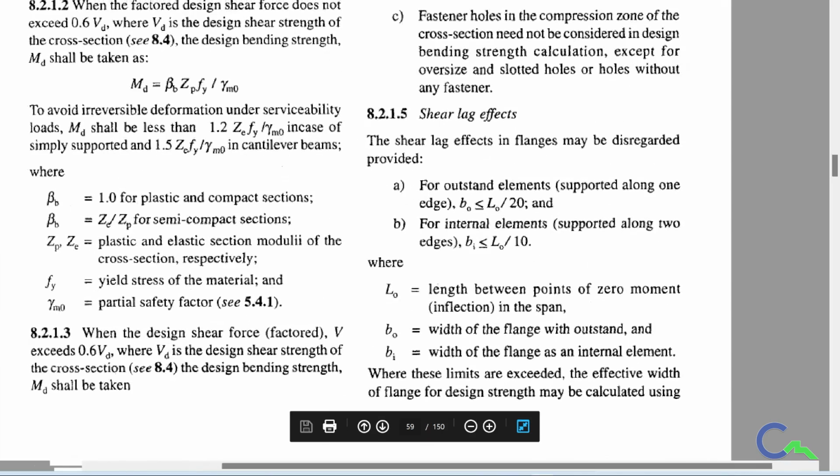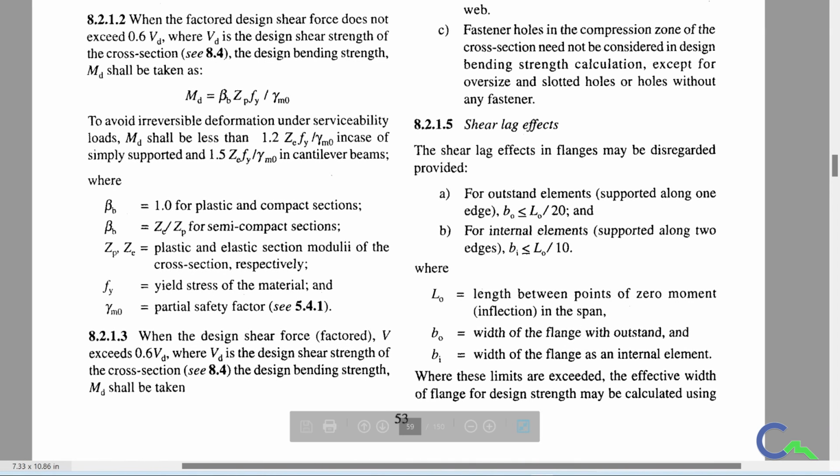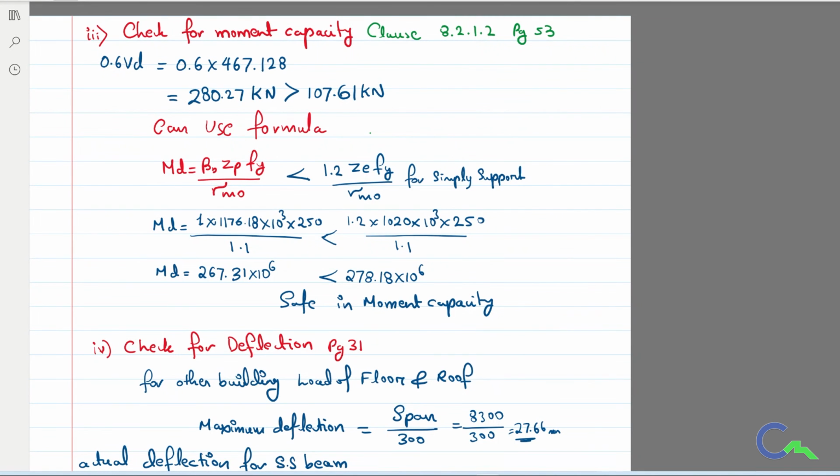In the clause number 8.2.1, they give one: whatever the shear should be less than 0.6 Vd. So Vd is the design shear. So here we can check it is going to satisfy. Okay, so 0.6 Vd is 280.27, which is much greater than 107.61. So therefore I can use this particular formula, beta b Zp into Fy by gamma m naught.